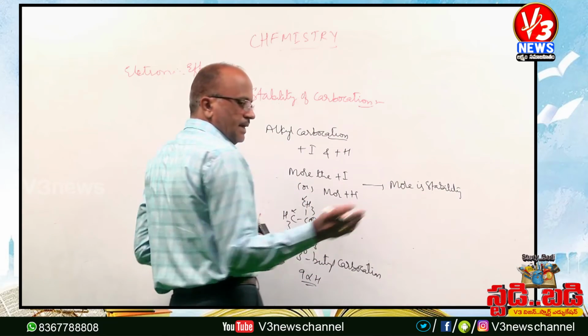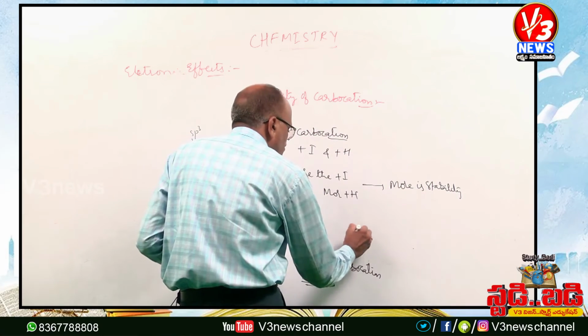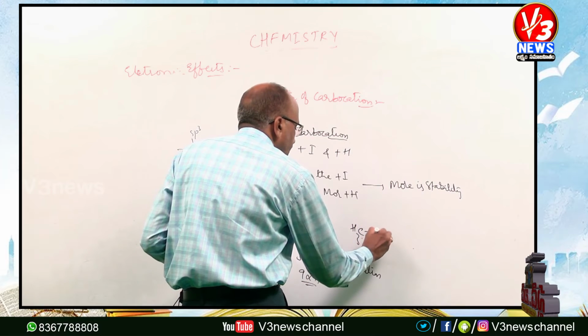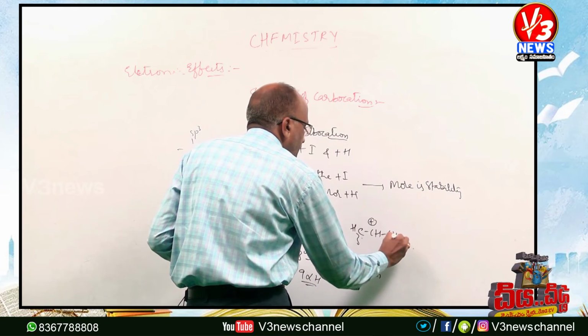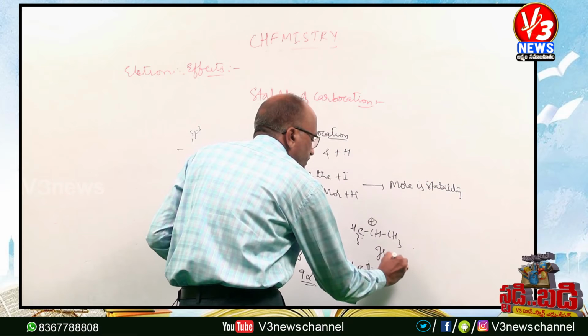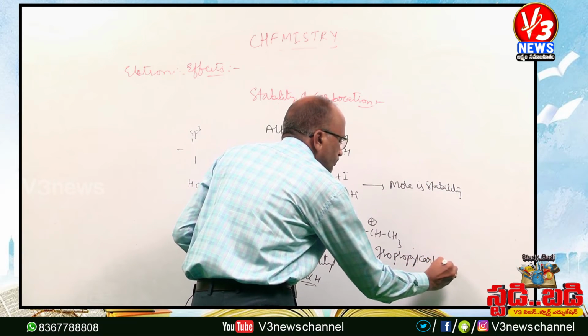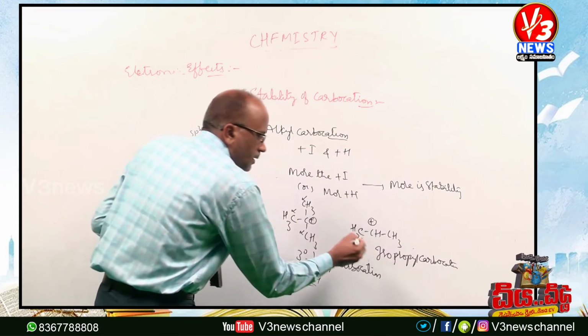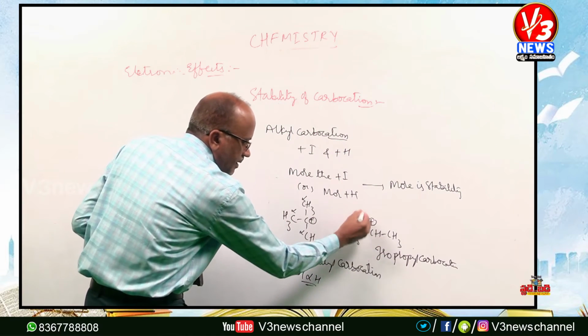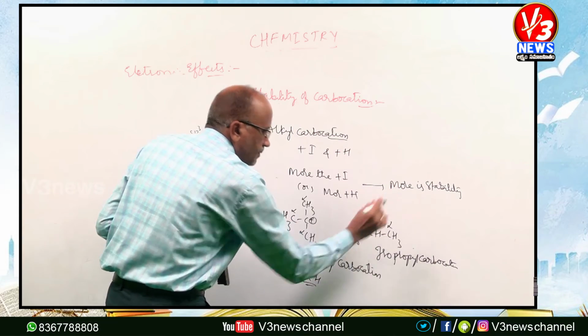Now I will take a secondary carbocation, that is isopropyl carbocation. Now this is the unsaturated carbon, with alpha carbon, alpha carbon.